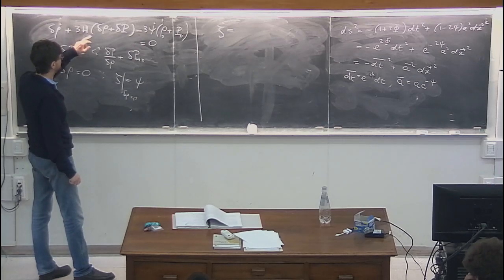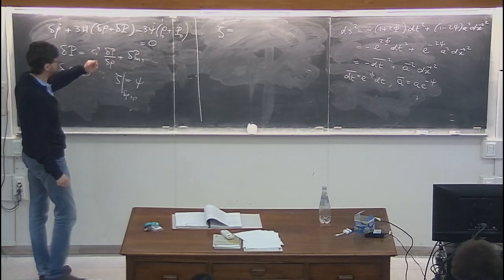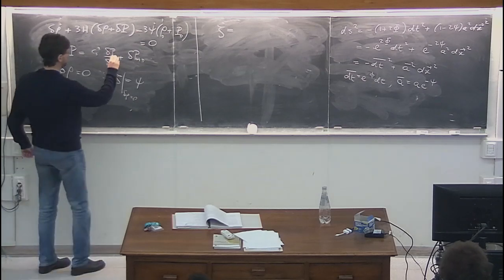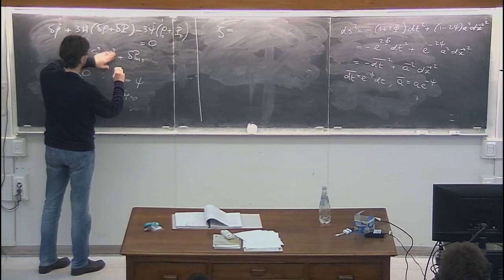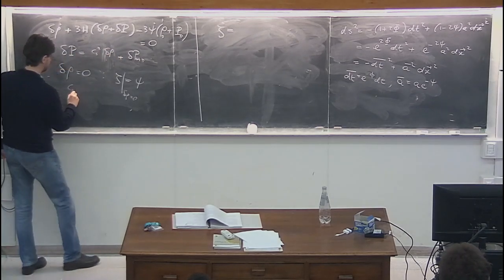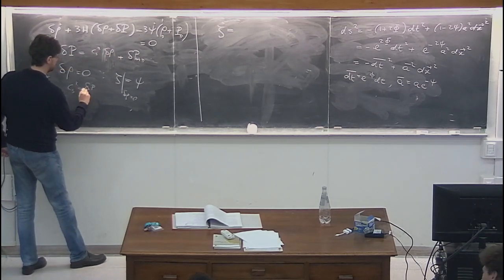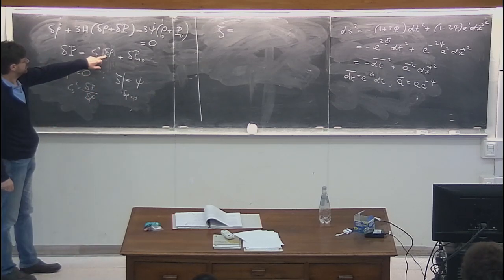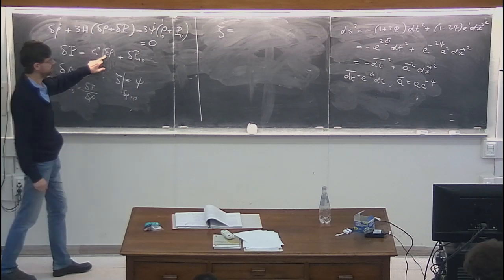From here I get, since delta rho is equal to 0, okay, sorry, here I wrote something completely wrong. Sorry about that. This is delta rho, and c_s squared is delta P over delta rho. So in the gauge in which delta rho is equal to 0, this is 0.